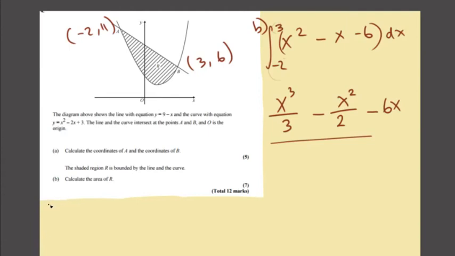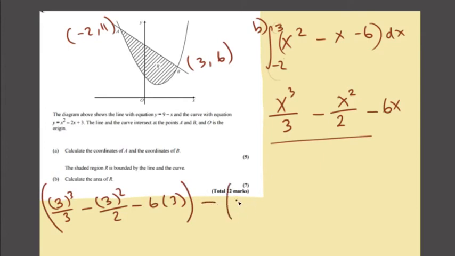Okay, so I'll do that here. We've got 3 cubed over 3 minus 3 squared over 2 minus 6 multiplied by 3, in big brackets, minus another big bracket: -2 cubed over 3 minus -2 squared over 2 minus 6 multiplied by -2.